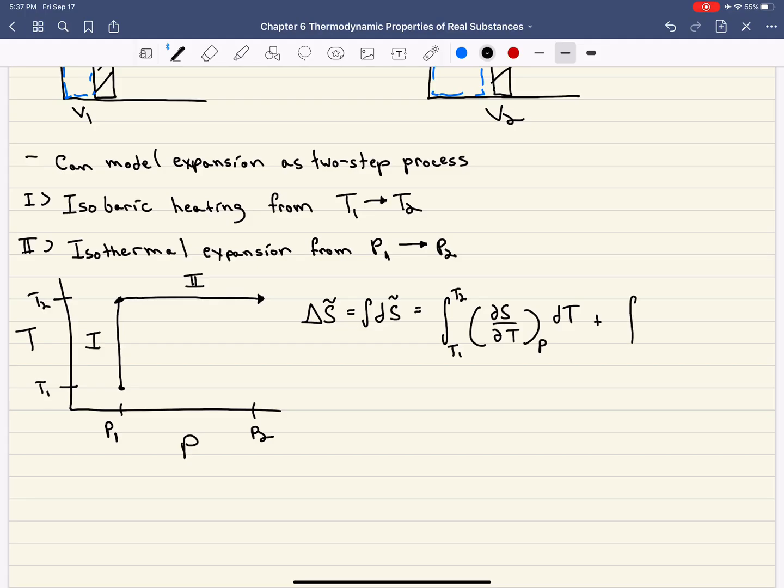Then we would look at how the entropy changes as a function of pressure while holding temperature constant as we go from pressure 1 to pressure 2.